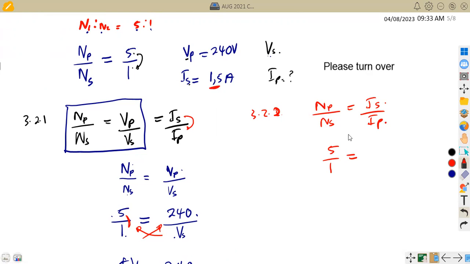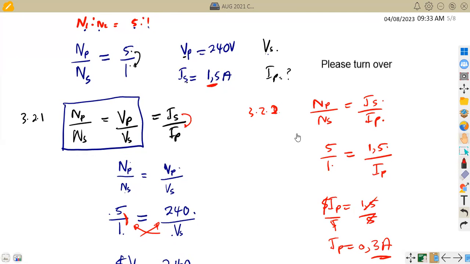We have the current in the secondary of 1,5, but not in the primary. Cross multiplying, 5 IP is 1 times 1,5, which is 1,5. Dividing by 5 on both sides, IP is 0.3 amps. That is our current in the primary side.